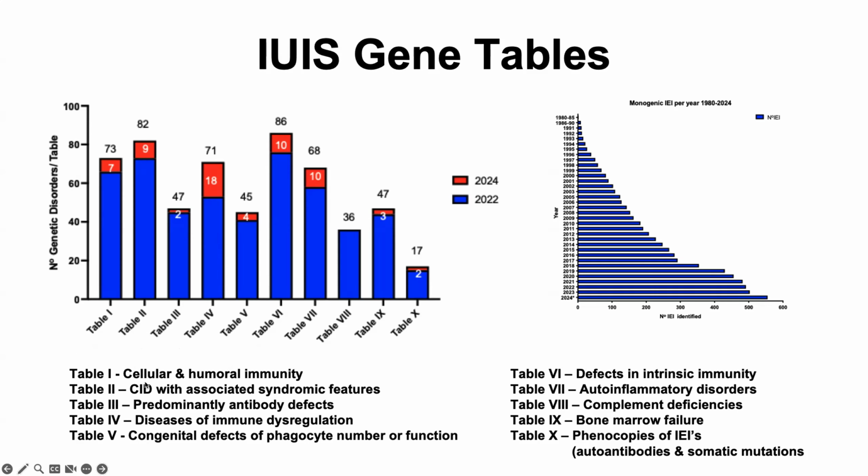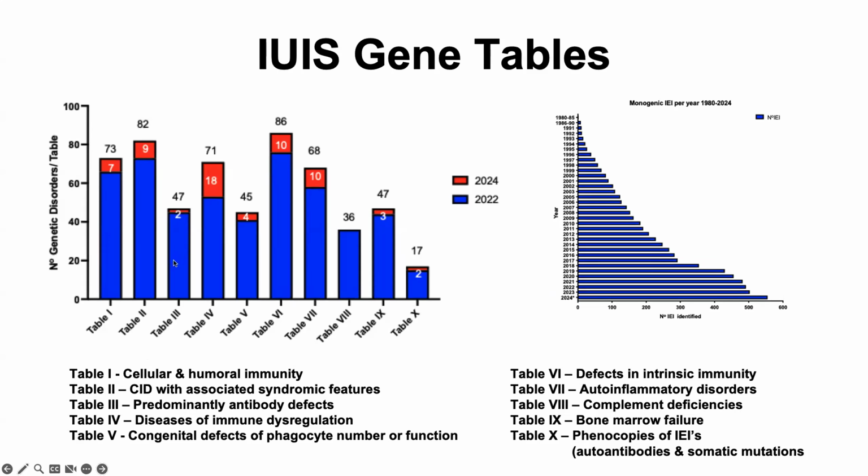Table 1 also includes the combined immune deficiency defects, and the ones that have other syndromic features are in table 2 of the IUIS gene list. And as I'll show you in a minute, the list is now 560 genes that have been associated with immune diseases in humans.